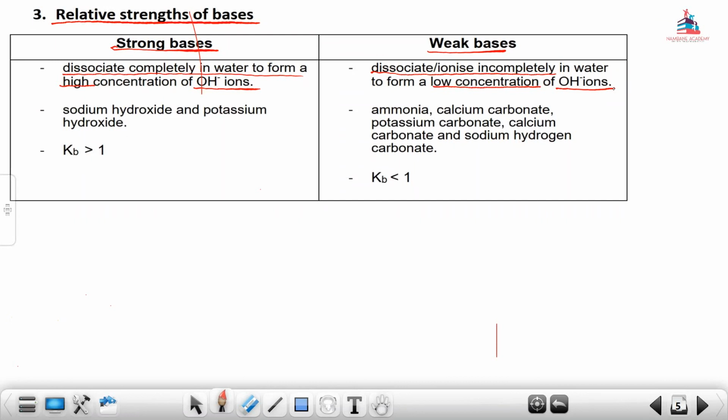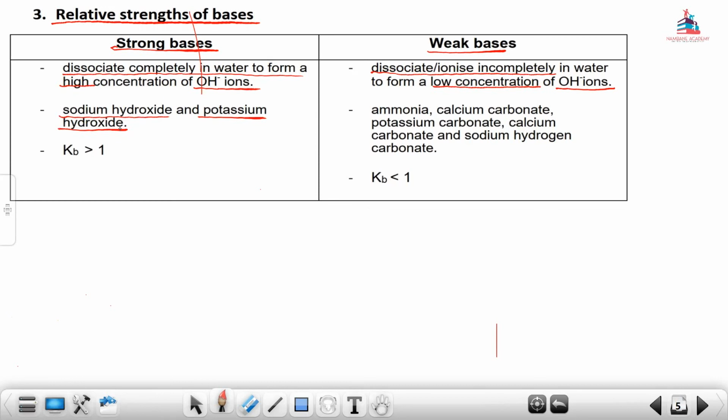But what if the examiner does not give me that particular statement? Then they give me a substance that I can classify. So I have a few examples of which ones are strong and which ones are weak.